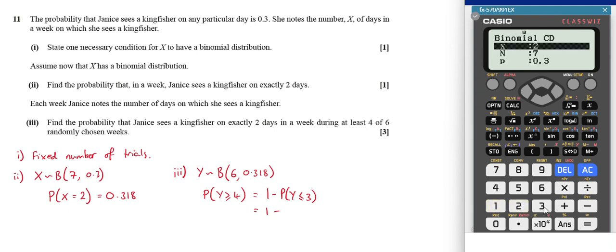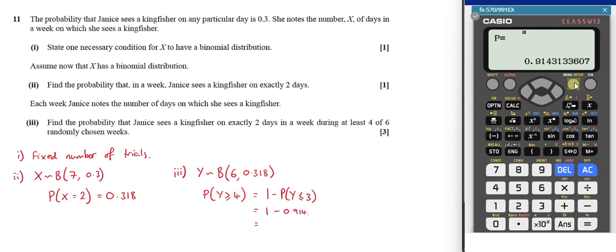I'm going to put x is 3. My n is 6 trials this time, and my probability is 0.318, which gives me 0.914. So 1 minus answer gives me 0.0857.